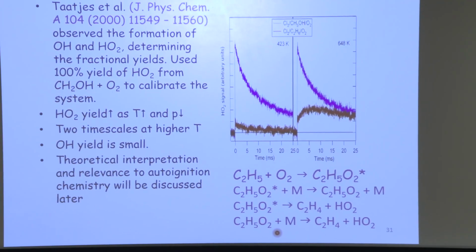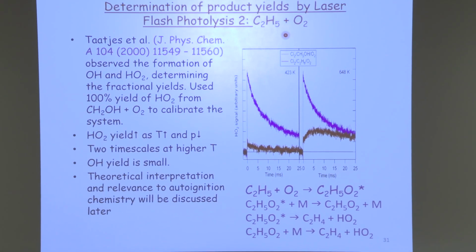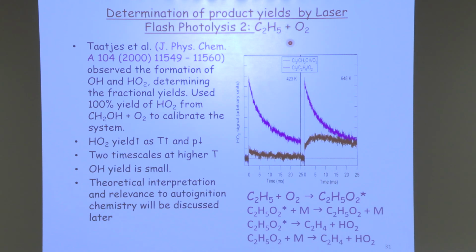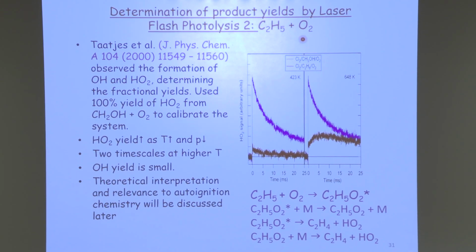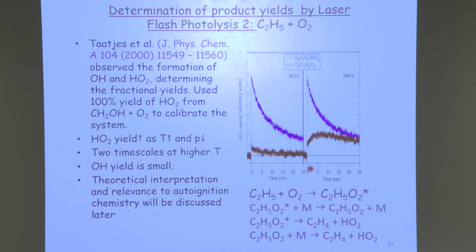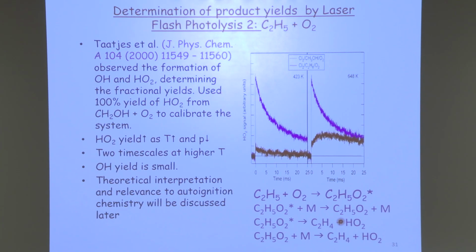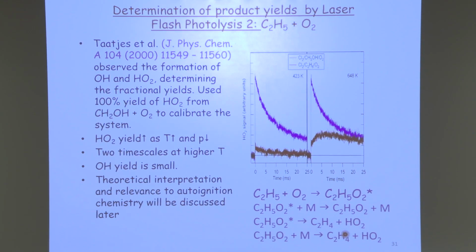A different example is you want to, say, react ethyl radicals with O2. In this case, O2 is stable, so this is a pseudo first order case. But the problem here is it makes more than one product. So you can make stabilized ethyl peroxyl radical, or you could make ethylene plus HO2.